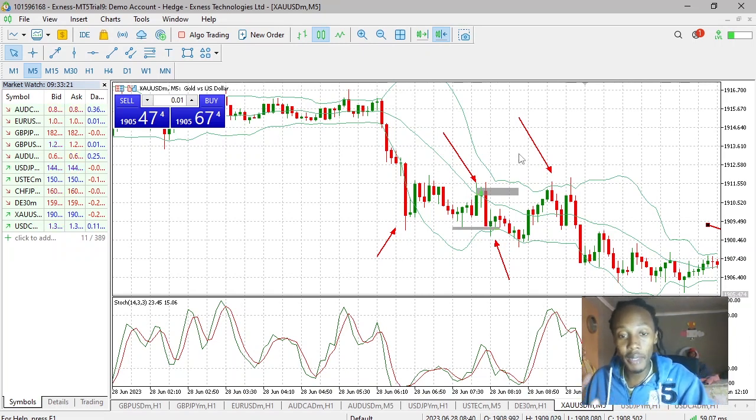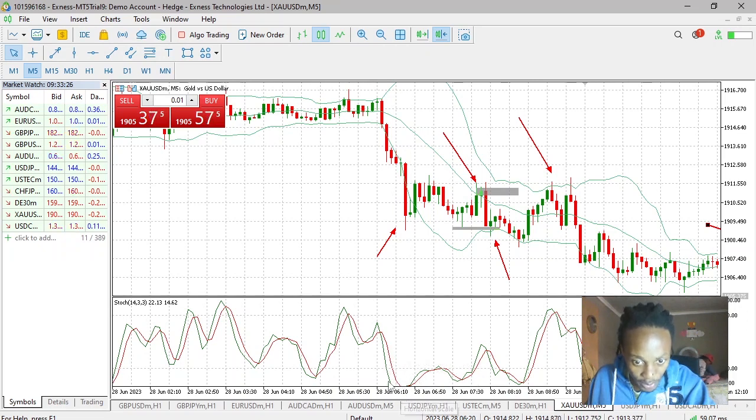And it's part of the game, because it was also oversold this side. Then you got your signal here, then you were expecting it to go up, but instead it did a ranging for about 30 minutes and it went down.